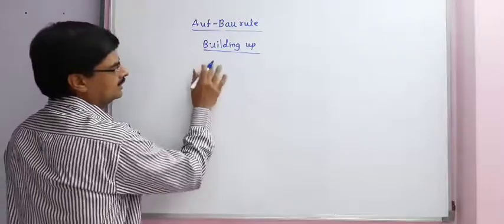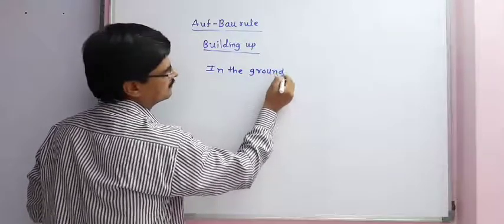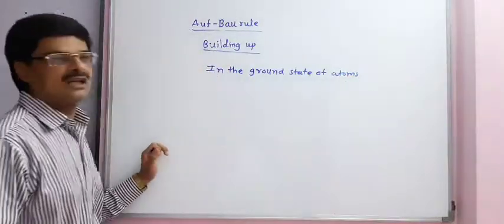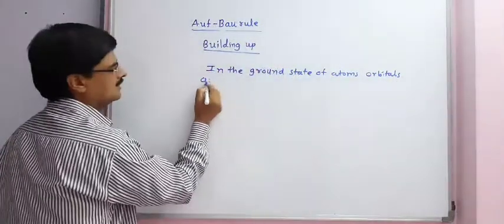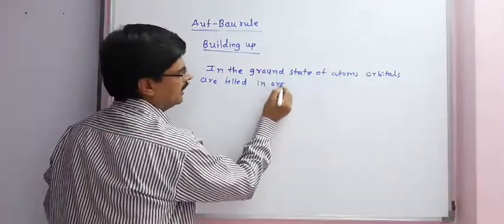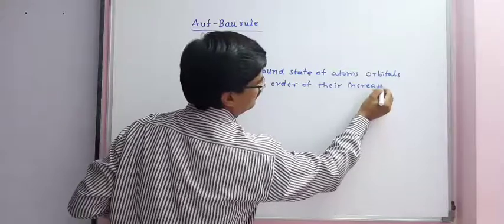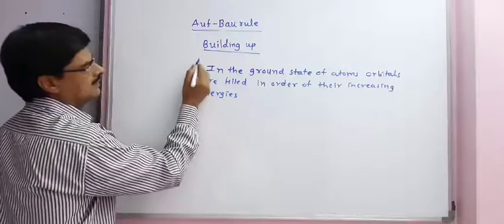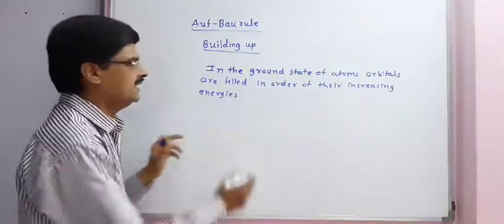According to this rule, in the ground state of atoms, orbitals are filled in order of their increasing energies.